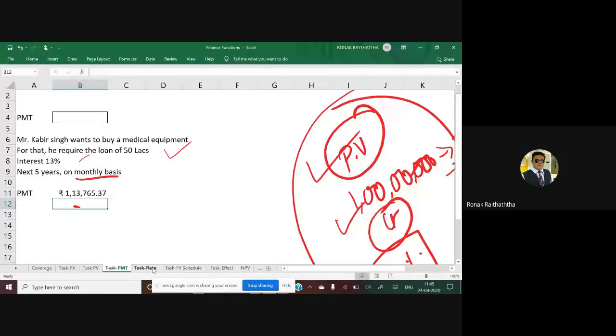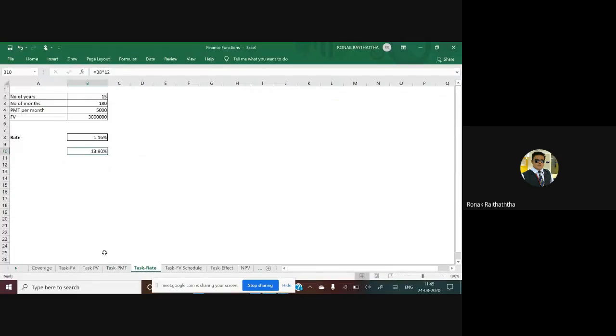Now let me go to another concept. In that concept, you are supposed to find the rate of return requirement. Say, one of the persons of your class comes to me and says, sir, I want to invest 5,000 rupees for the next 15 years. Every month, I want to invest 5,000 rupees, 5,000 rupees, 5,000 rupees.